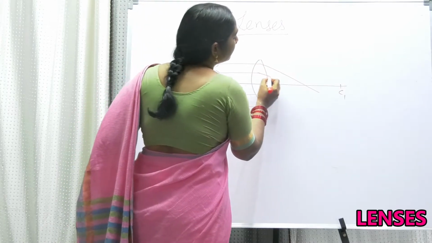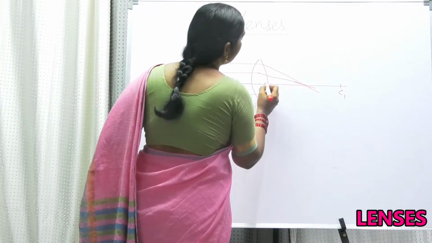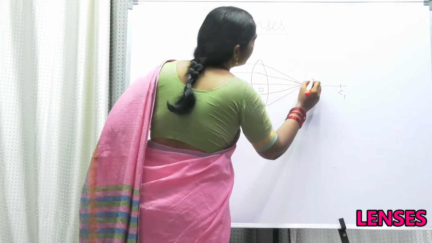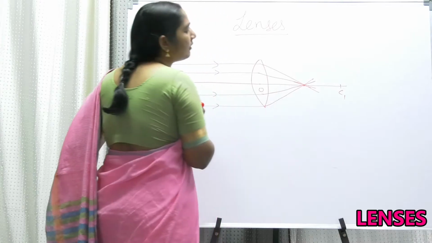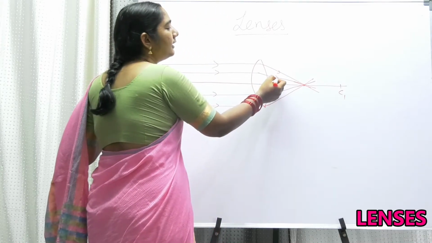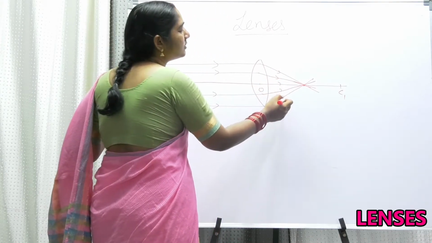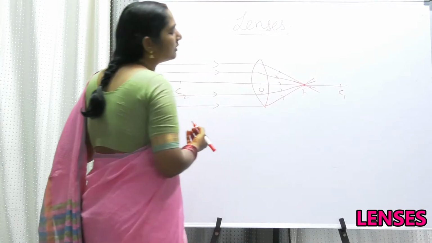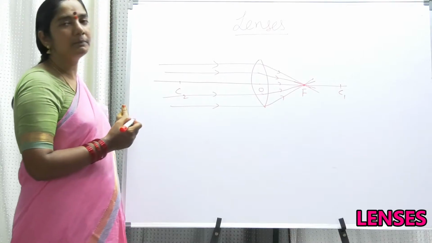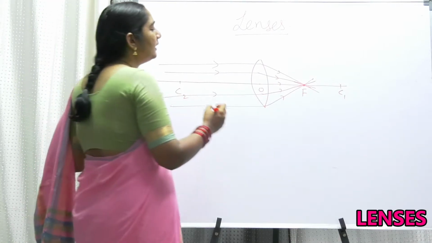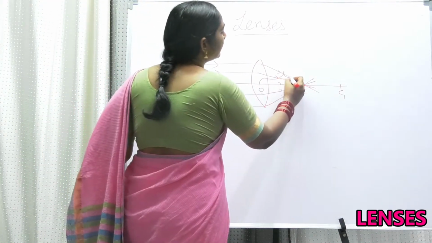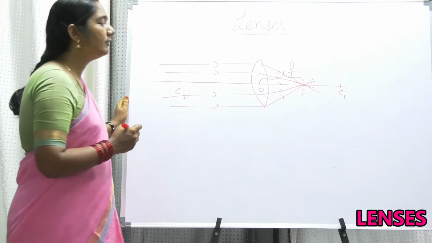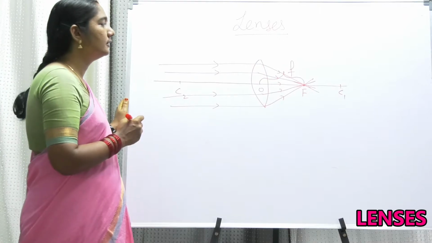This beam meets at a point. This point where all these rays converge at a single point is called the principal focus. And the distance between the optical center and the principal focus we call the focal length.